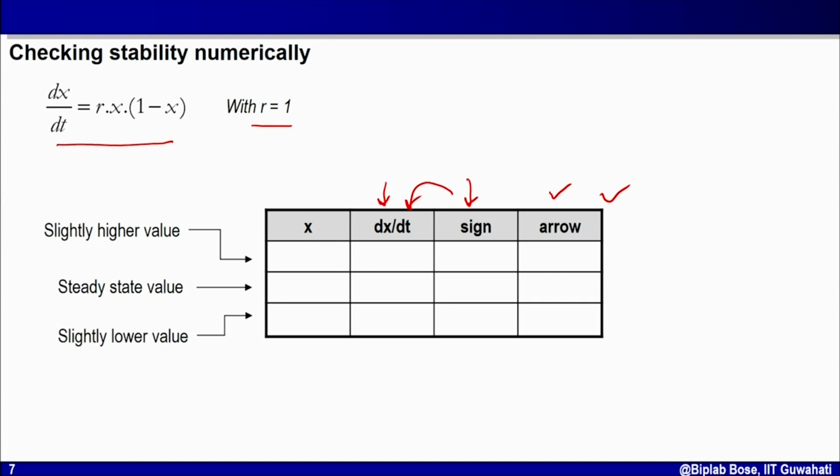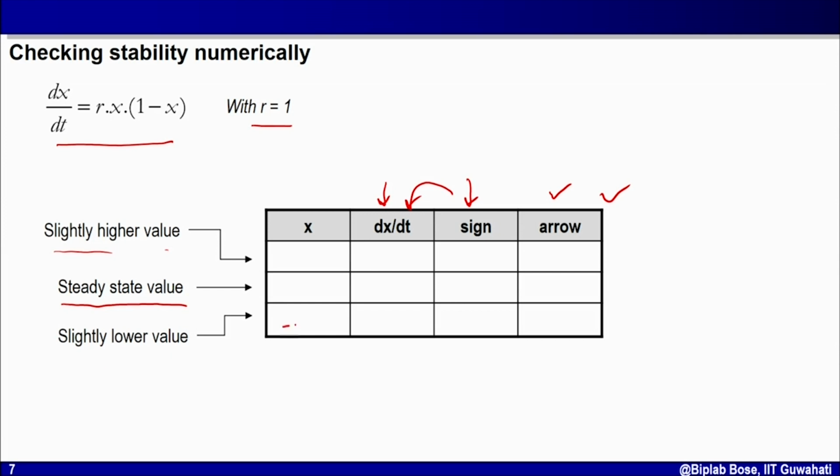One important point of doing this type of analysis is that I have 3 rows. The middle row represents a particular steady state value. On the upper row, just above the steady state row, you take a value slightly bigger than the steady state value that you have taken in the middle row.